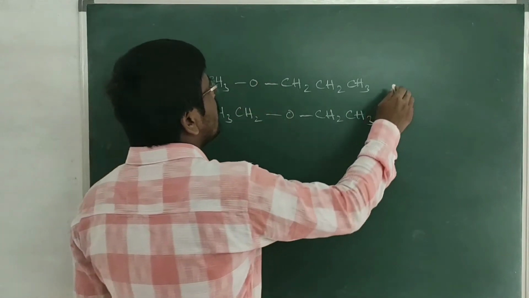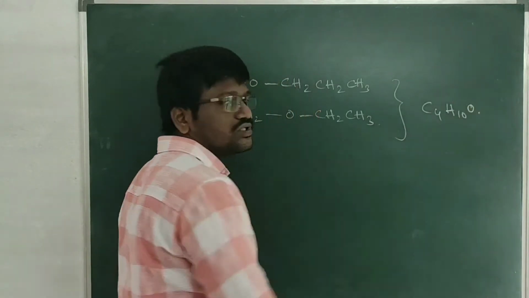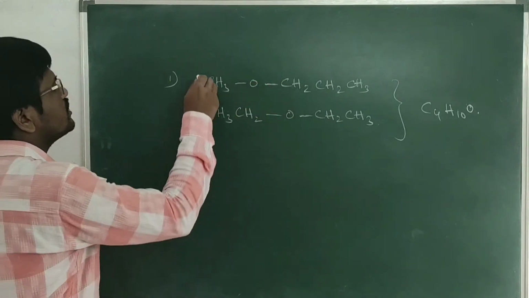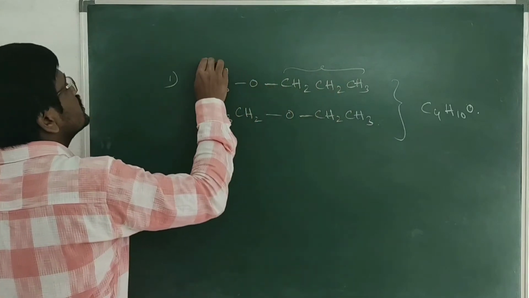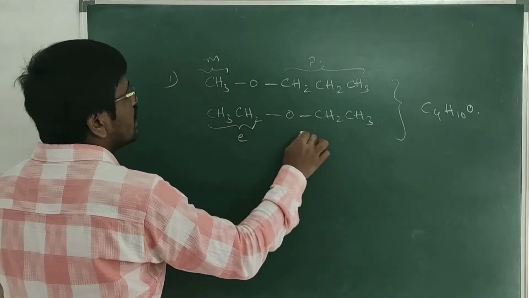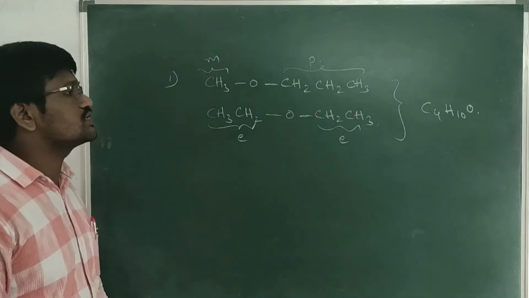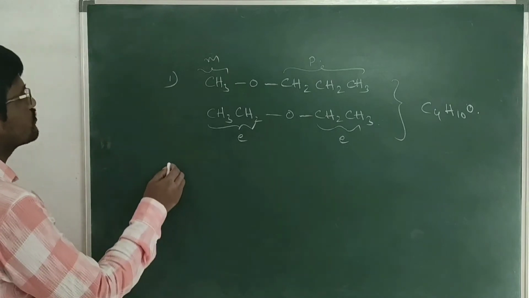The molecular formula is C4H10O. Both are having same molecular formula, same functional group, but difference in the alkyl groups attached to the function. Here methyl, this is propyl. This is ethyl and this is ethyl. So difference in the alkyl groups attached to the functional group. These are known as metamers.